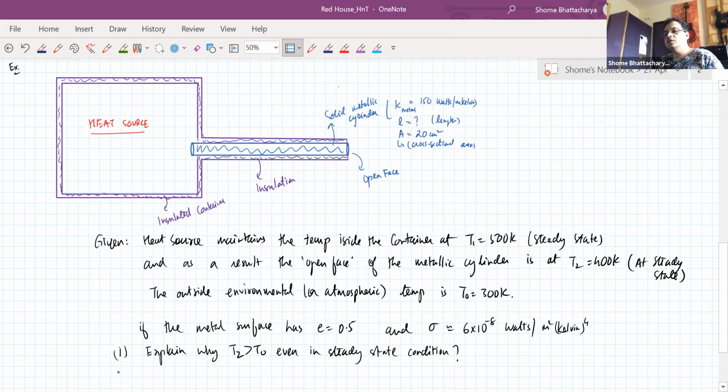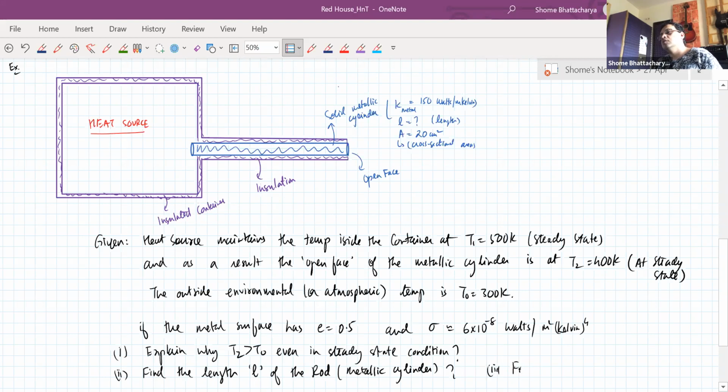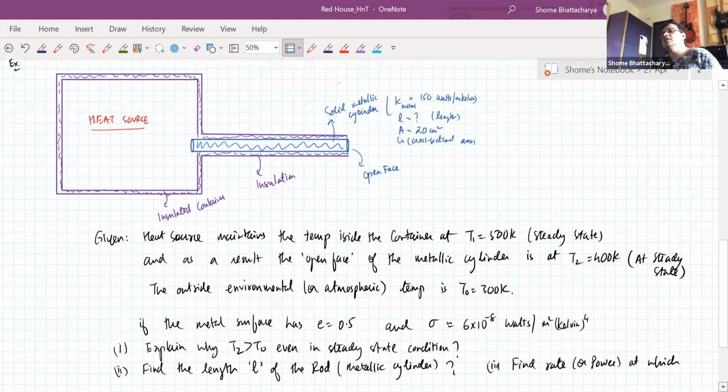But anyhow, second, you have to find the length of the rod, that is the metallic cylinder. And third part, we have to find the rate or power at which the heat source generates heat.